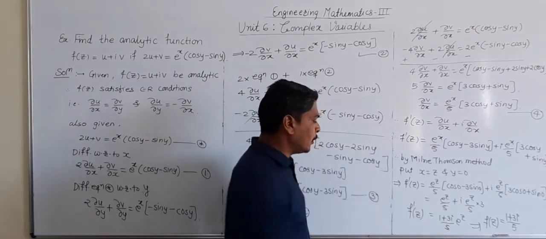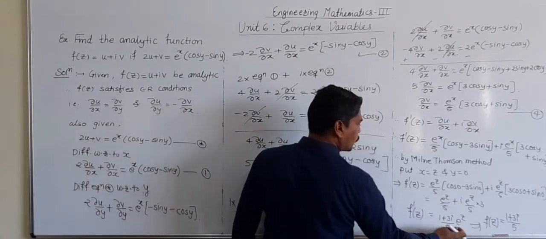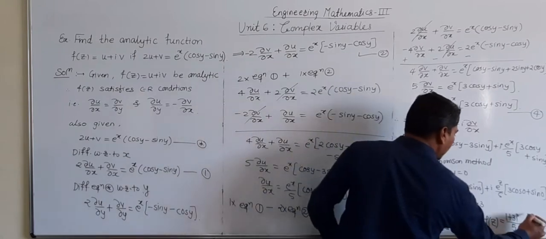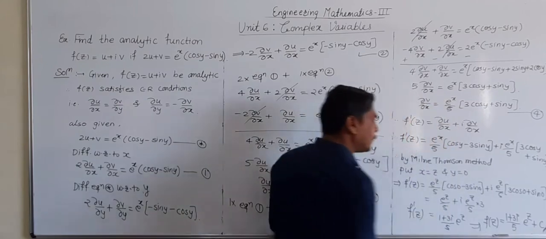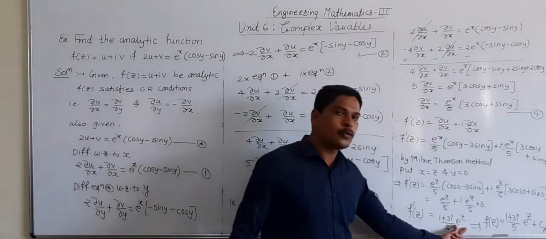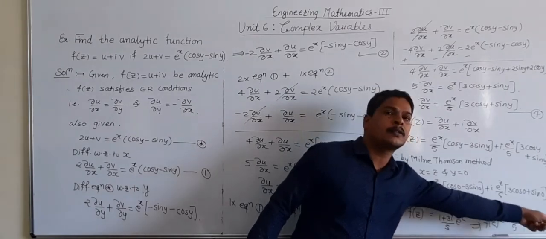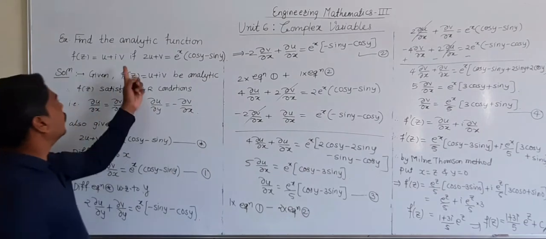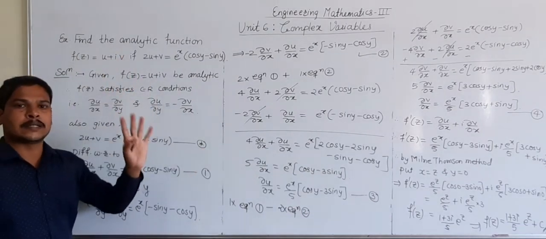After integrating, this becomes f(z), and integration of this side is (1 + 3i)/5, constant as it is. Integration of e^z is e^z plus constant of integration c. Right? Integration of e^z is e^z. This constant term as it is plus constant of integration c. So in that way we get our analytic function f(z) in terms of z.